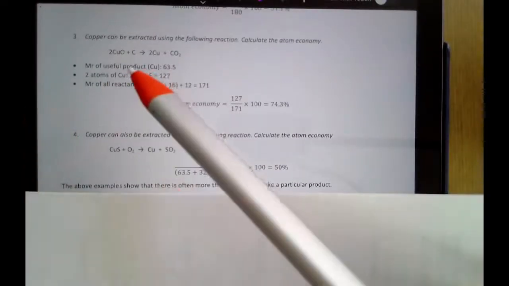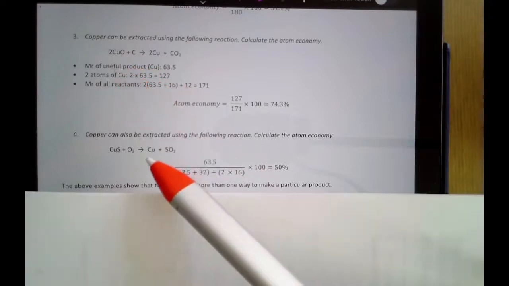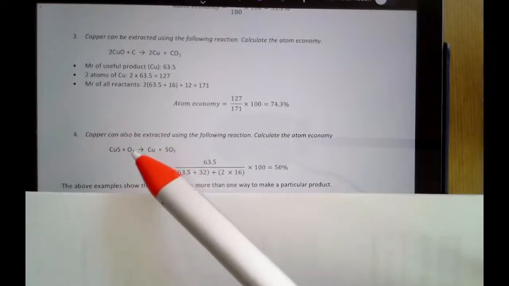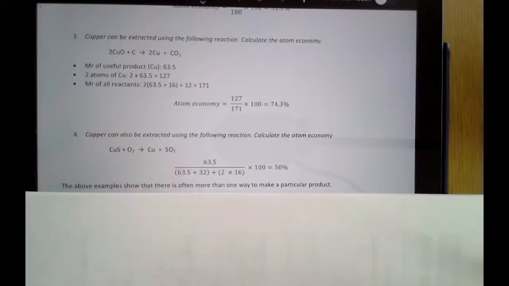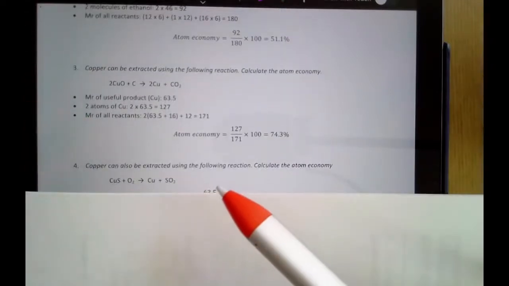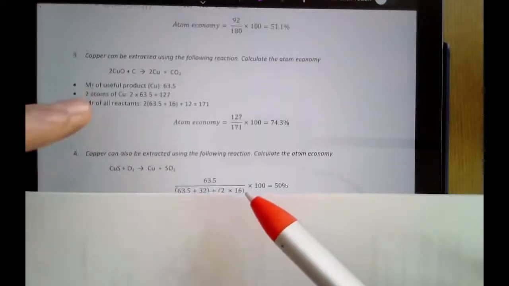So if I had to heat this reaction to a really high temperature to get it to go, and if this one didn't have to be heated at all, well then that would go in this reaction's favour. If you don't have to heat it to high temperatures, it's going to be a lot cheaper. And the rate of the reaction, how quickly the reactions take place, obviously the quicker the better, and then the purity of the product.